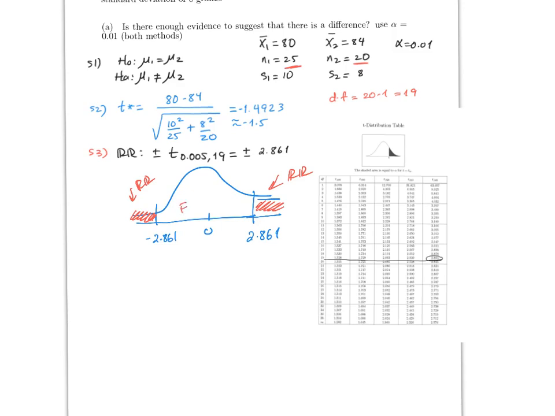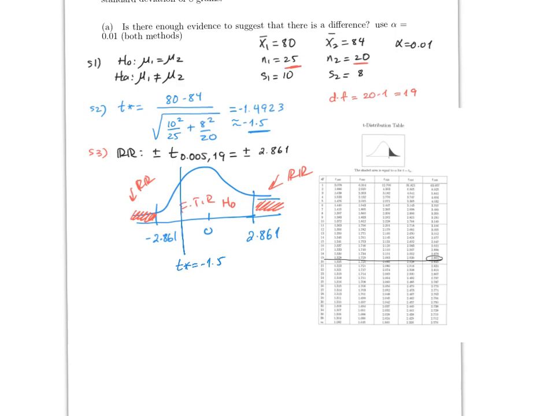So is this, and this is the fail to reject. All right, so the value for T star is negative 1.5, which clearly is somewhere here. So T star is negative 1.5.